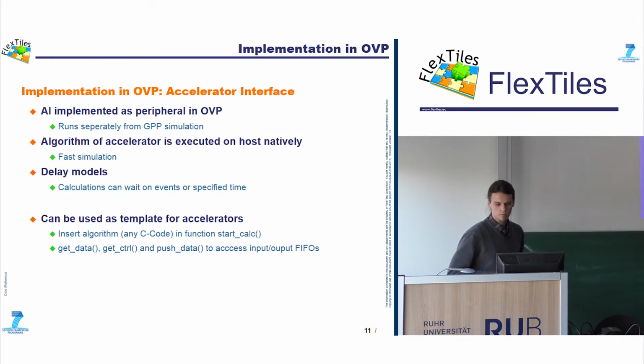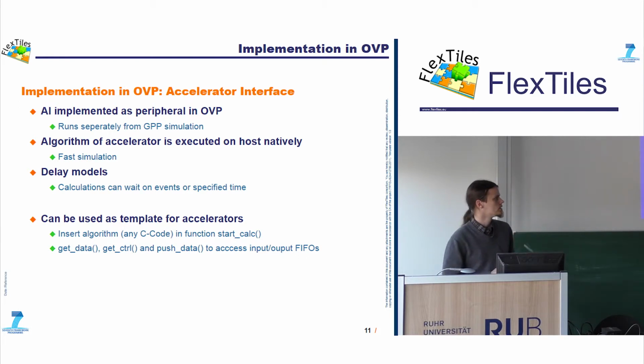We implemented the AI in a special environment that's made for developing peripherals. In this environment, the code actually gets executed on the host. This makes us faster when moving software from the simulated processor, the MicroBlaze, into the accelerators, which is a nice benefit.